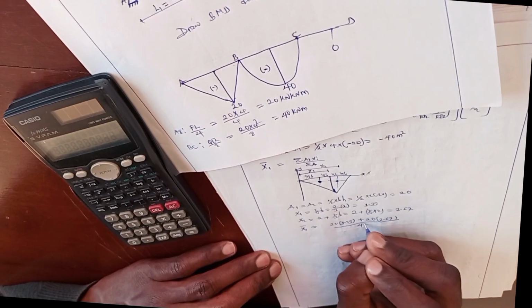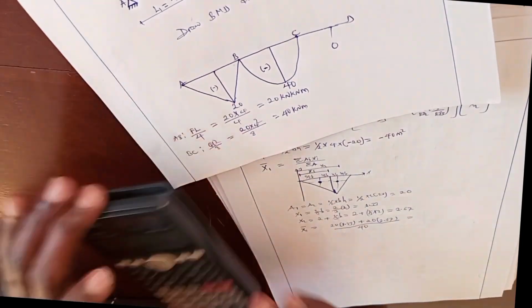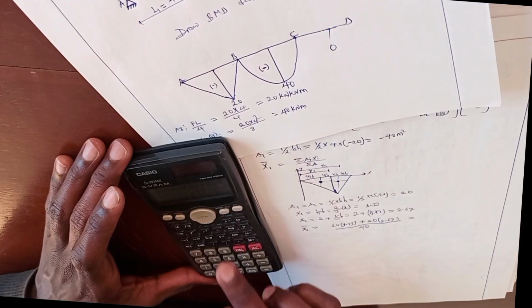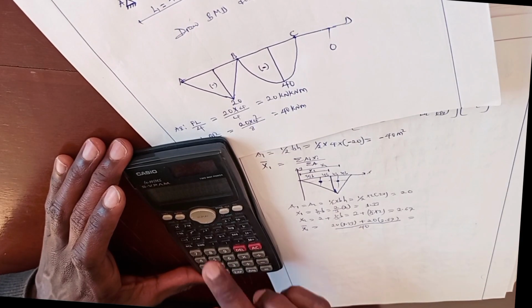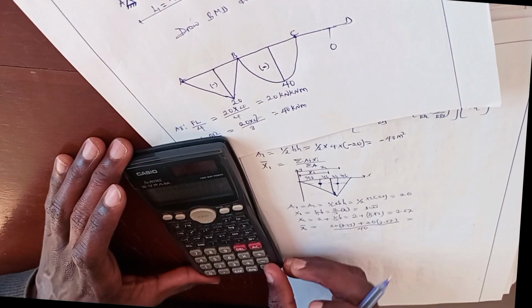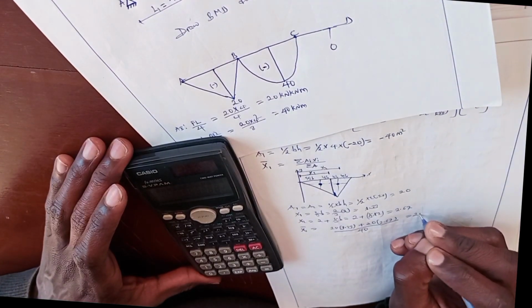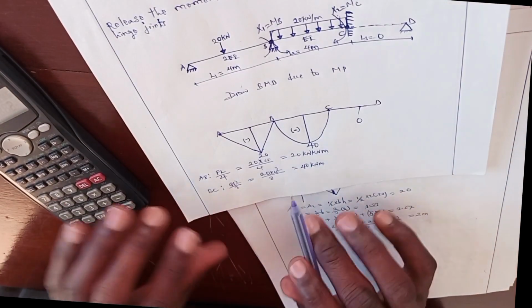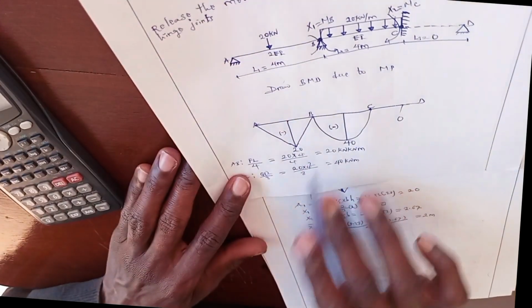So 20 times 1.33 plus 20 times 2.67, divided by 40, will be equal to 2 meters. This is the centroid distance of this triangle for member AB.